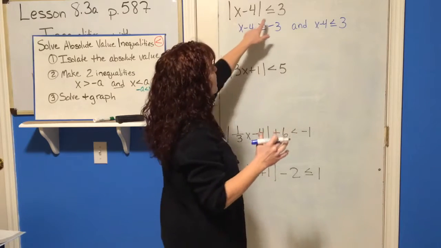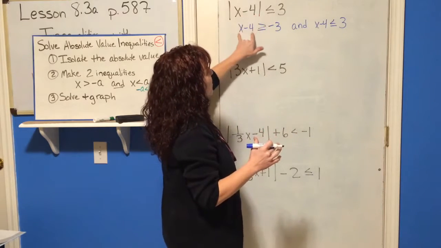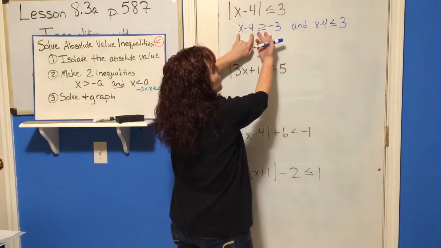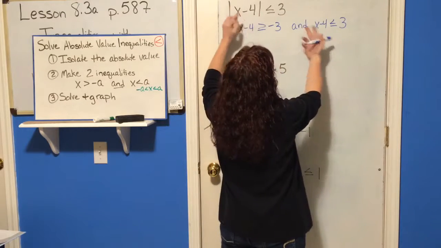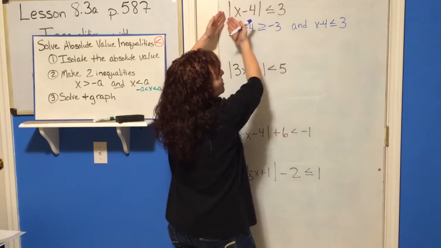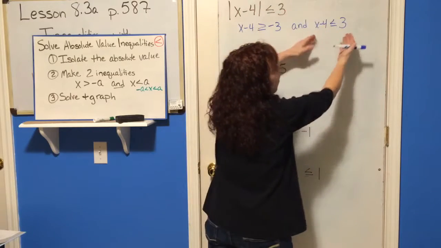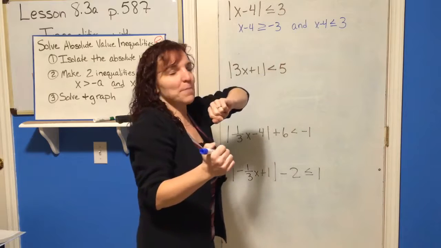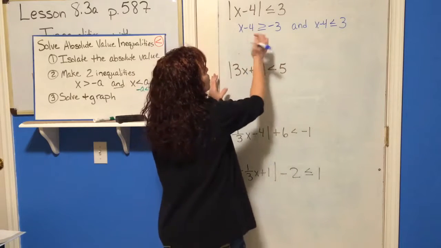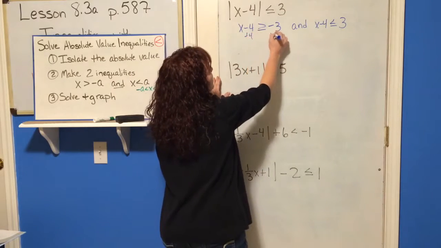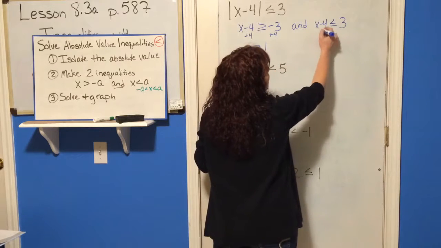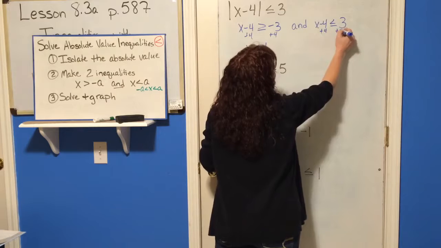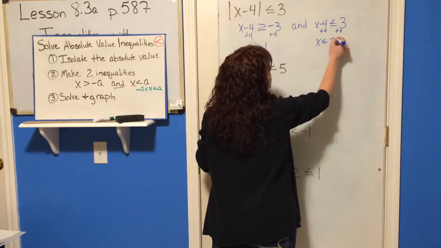So what you're going to do if it's less than, you're going to keep the absolute value, switch this sign and say it's negative, and then take your absolute value and just remove the absolute value signs and keep the same inequality that you did before. Okay? So then you're going to just solve it, add 4 to both sides. So x is greater than or equal to 1, and you're going to add 4 to both sides here, and x is less than or equal to 7.